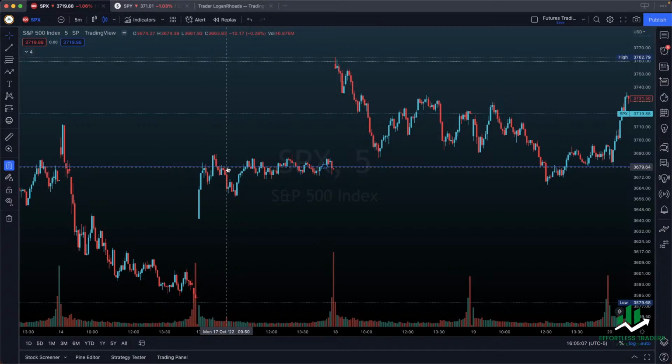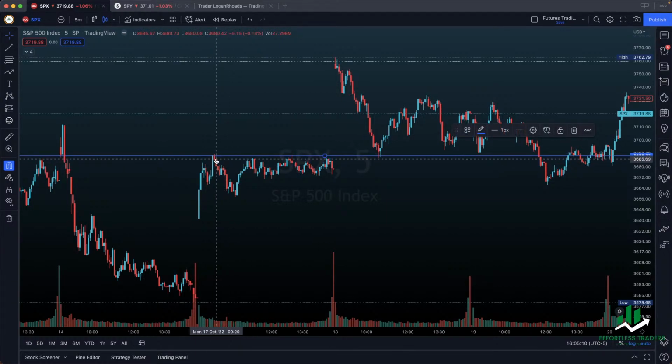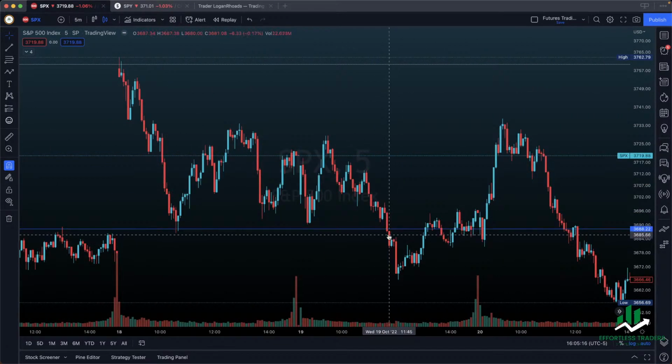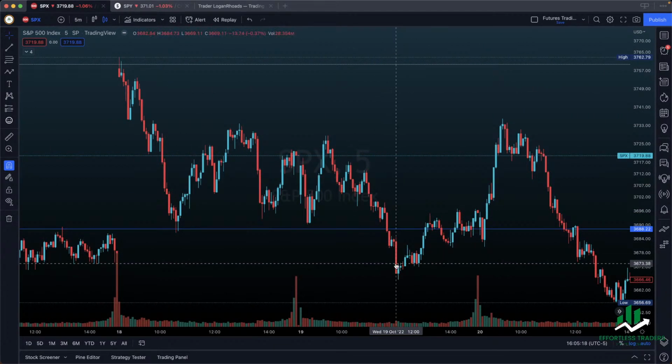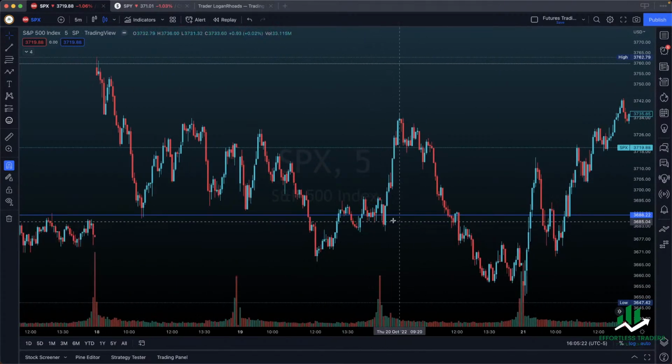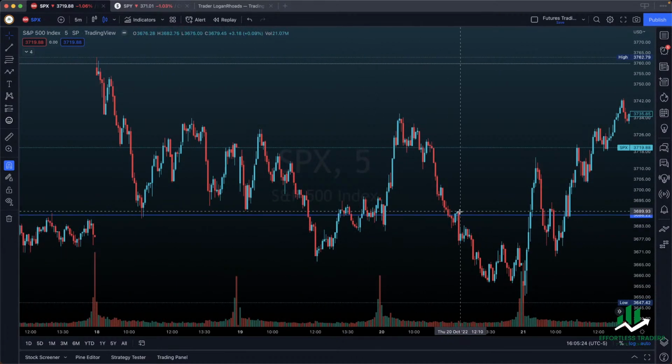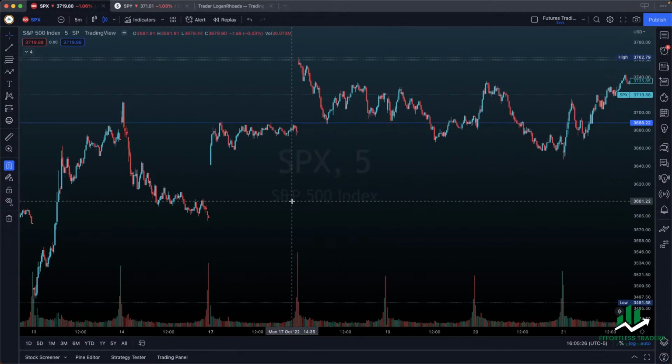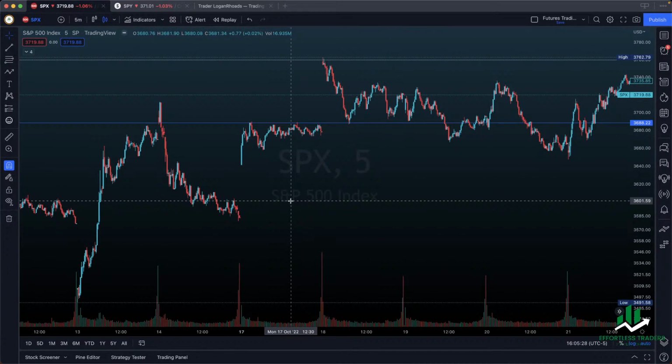So you would go support here, hit here, here, here, bounced, and then we broke below it. So you could play a short here, and of course you'd be profitable. And then, as you can see, price stayed around it here and then here as well. So it's really a point of interest more than an entry line.